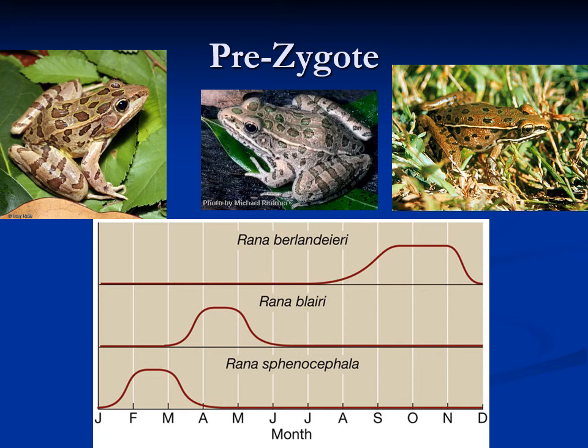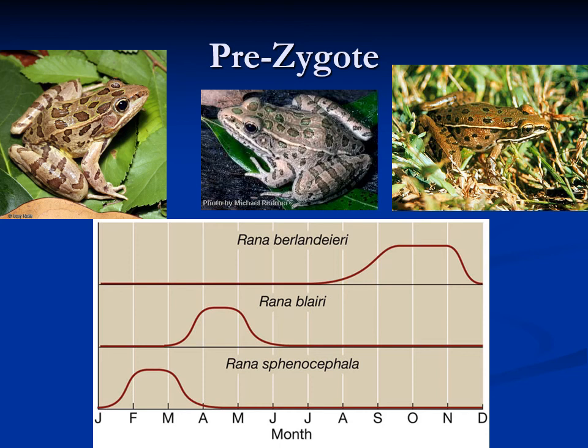But what happened is these guys, if you look, these are the months in a year, so January, February, March, April, May, and so on. These guys are mating in the fall, right? September, October into November. These two are mating early in the year. These very early, February, March, and these guys in April and May. Now these two groups overlap just a tiny bit here.